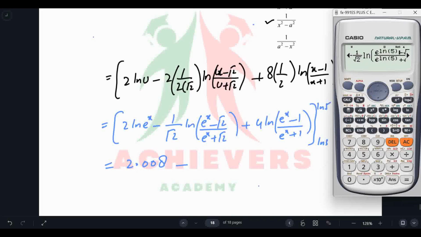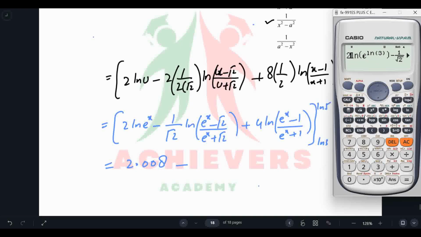This will be 2 natural log of e power 3, minus 1 by square root of 2 natural log of e power 3, where we have to replace 5 with 3, then plus 4 natural log of e power 3, and here we have to write it as 3.